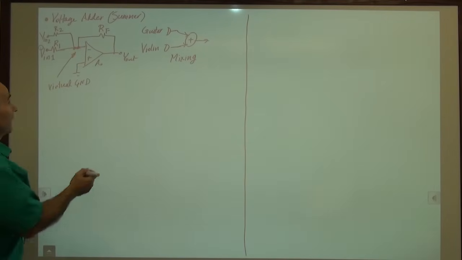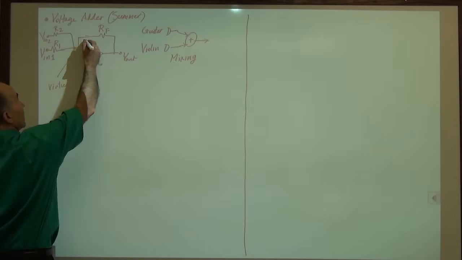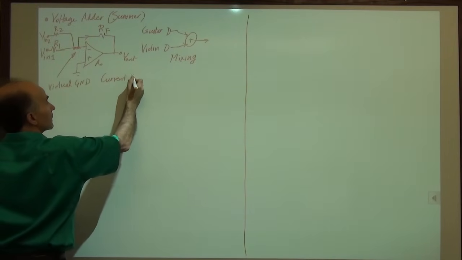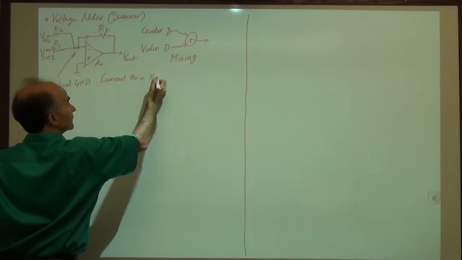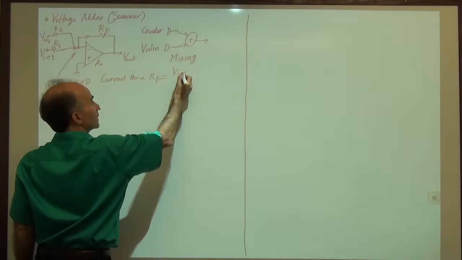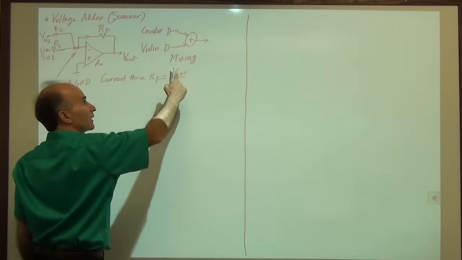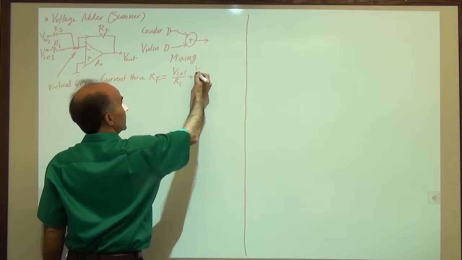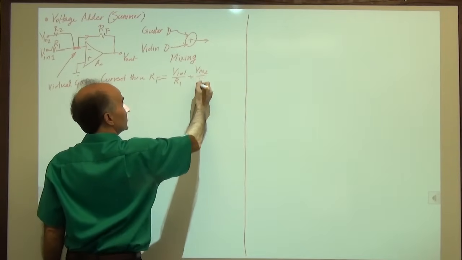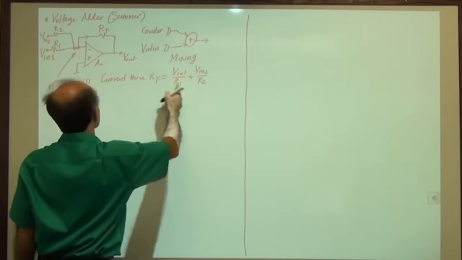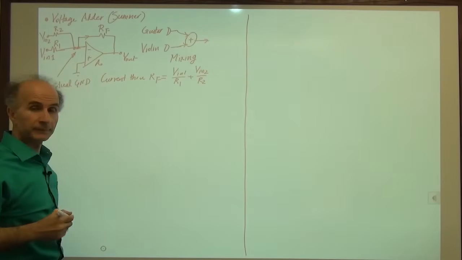So what I can say is the total current through RF is equal to Vin1 over R1. We converted the voltage to a current. Plus Vin2 over R2. We converted another voltage to a current. And these two currents ended up flowing through RF.